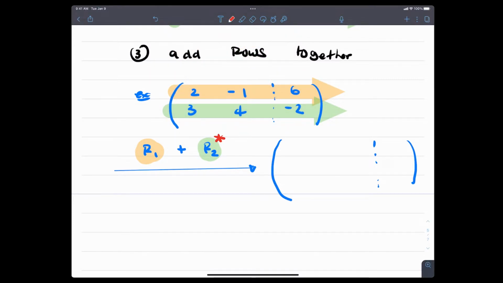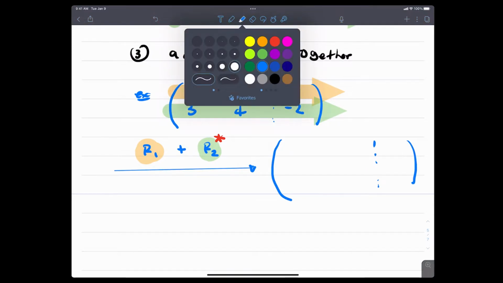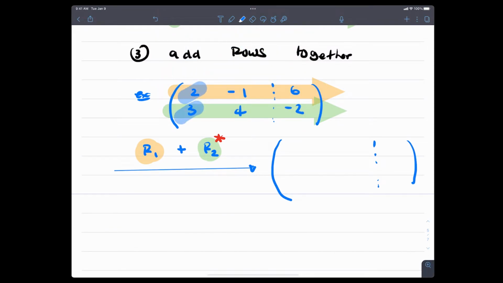What do you think that means? Well, what you're going to do is, when I say take the elements in row 1 and add it with row 2, you're going to say, here's a 2, 2 plus a 3. What's 2 plus 3? Okay, it's 5, but where do you put the answer?